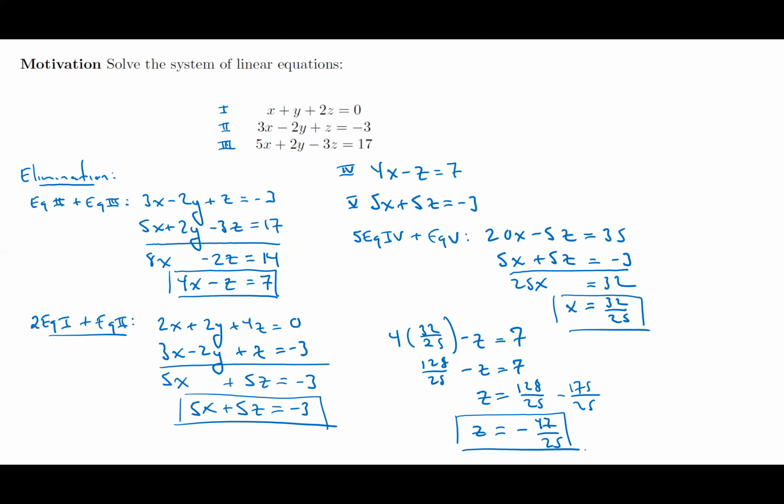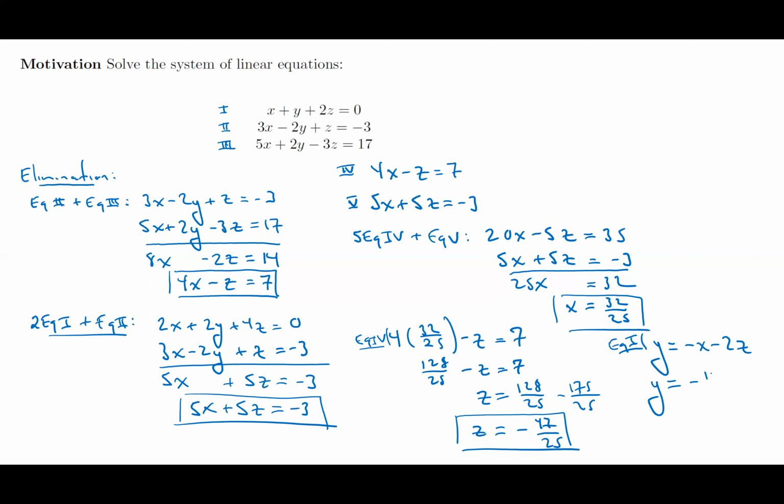And then I can get my y, right? Go back to one of the original equations. So here I used equation 4. Now I'm going to use, how about equation 1? So equation 1 is going to tell me that y is negative x minus 2z. So if you plug in what we got for x and z, what will we get? Negative x is 47.